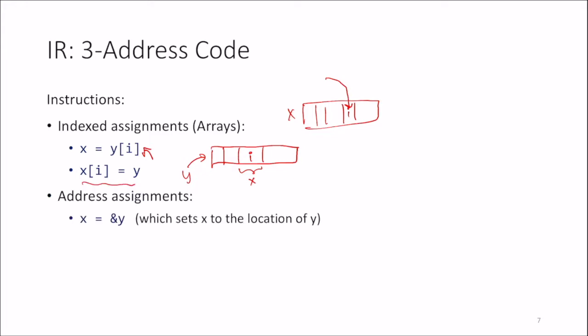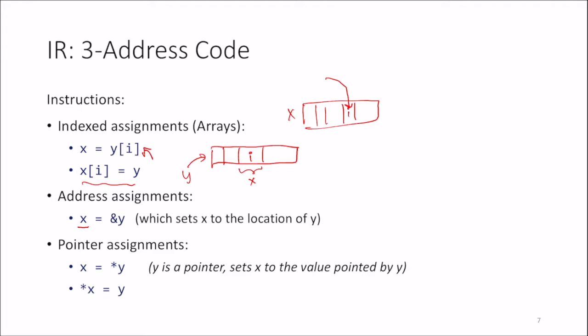You can also look at the address of a location. Where is this stored? You might want to save the actual pointer into a variable and do pointer arithmetic. It's possible in assembly language and in intermediate representation as well. You can also do pointer assignment.